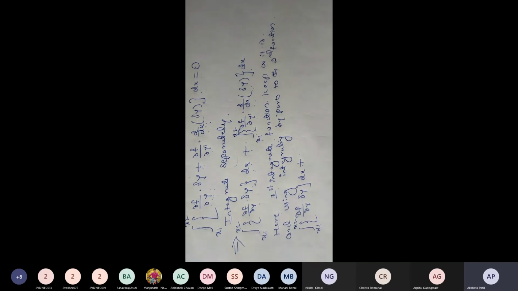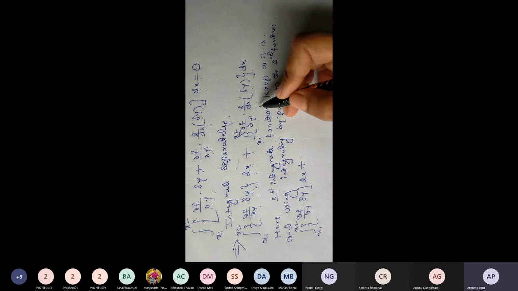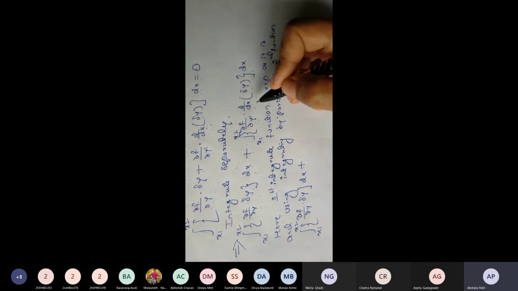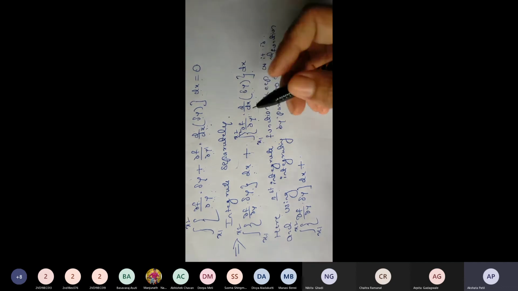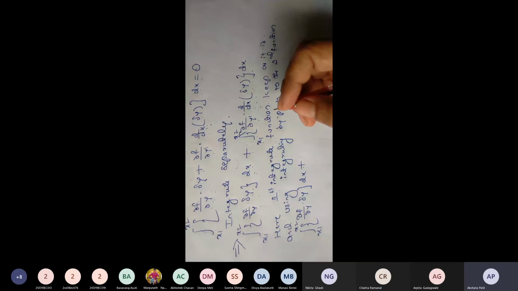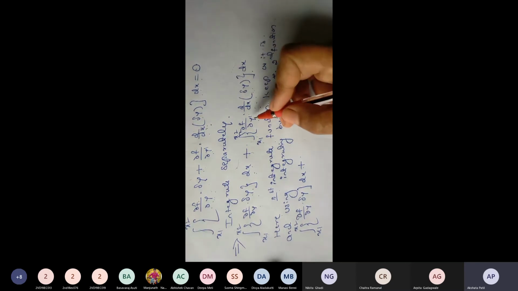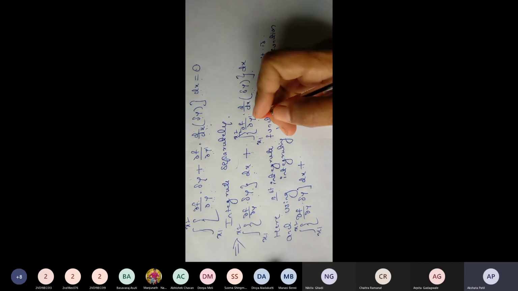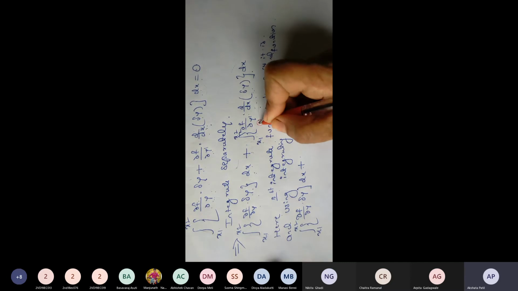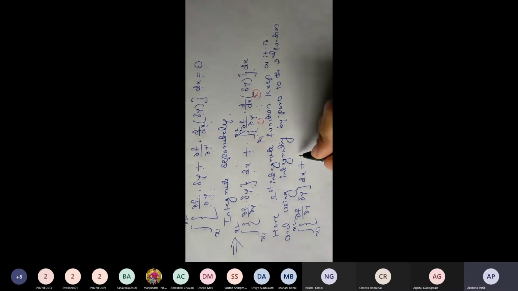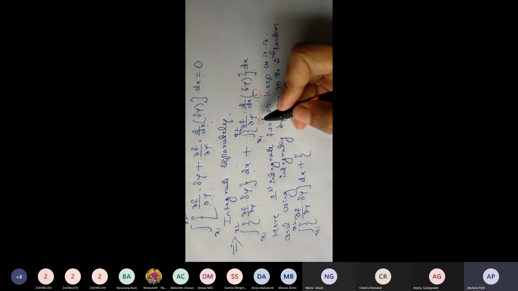Now apply integrating by parts to this second function. Applying integrating by parts means I need a first term and a second term. So I consider this the first term and this the second term.